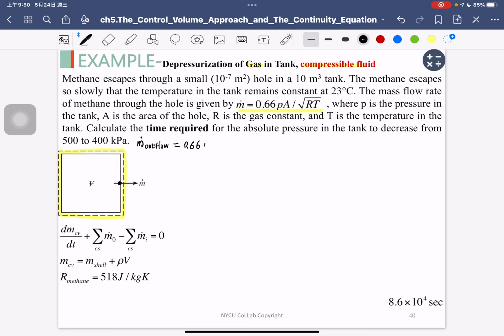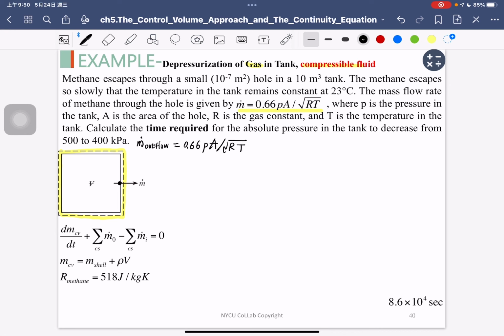So that will equal 0.66 times the pressure. So you know that if the pressure inside the tank is large, the flow rate outside will be higher, and this is the cross-section area of the hole, divided by the gas constant and the temperature.